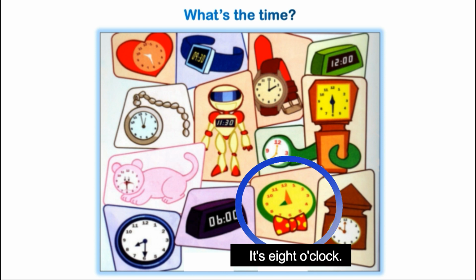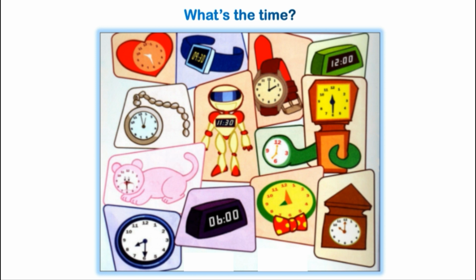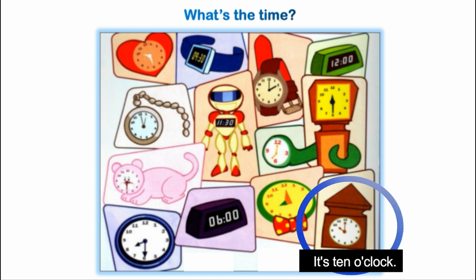The last but not least clock that I would choose is the one which is brown in color. The short hand shows 10 and the long hand is at 12. It shows 10 o'clock.